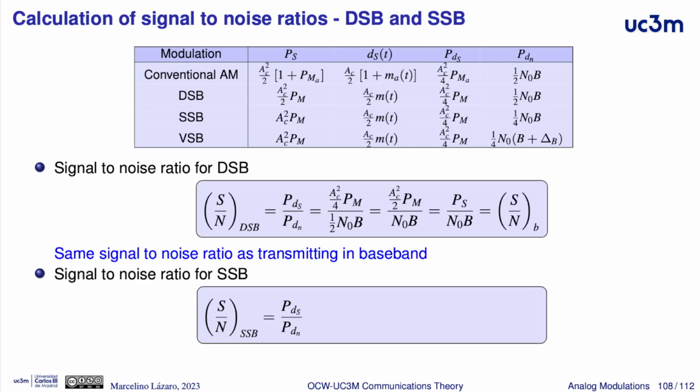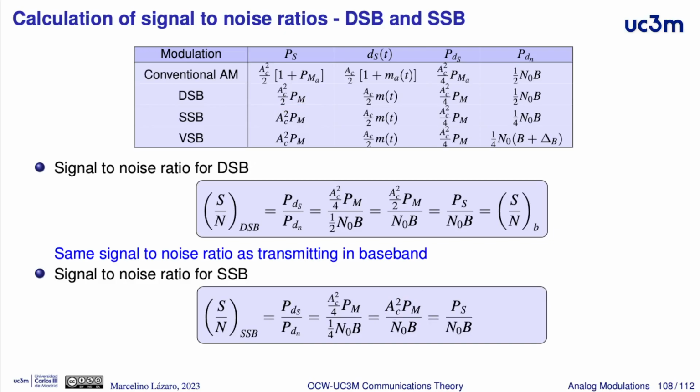The same result will be obtained for a single sideband modulation, where the power of the signal component is this one and the power of the noise component is this one. If we have this ratio, the quarter here and the quarter here cancel, and we have this expression, and now again what we have in the numerator is equal to the power of a single sideband modulation.